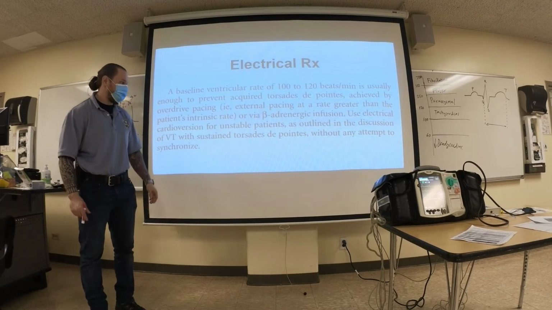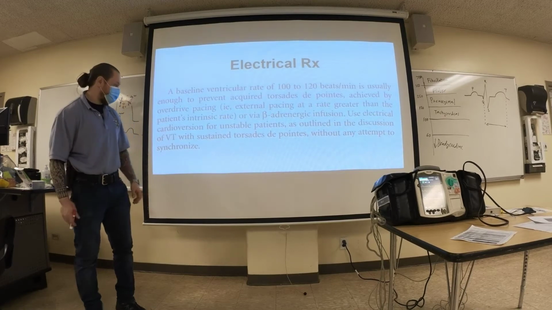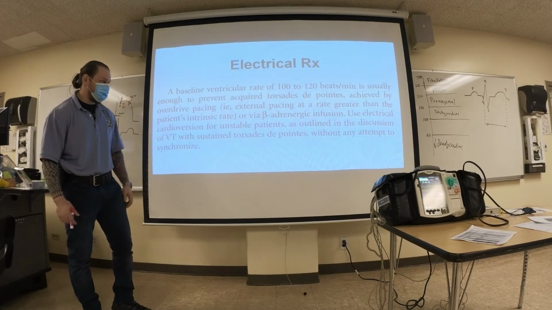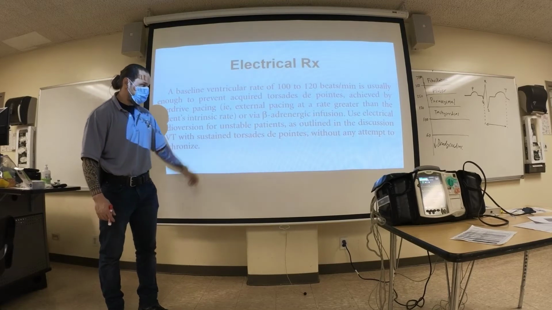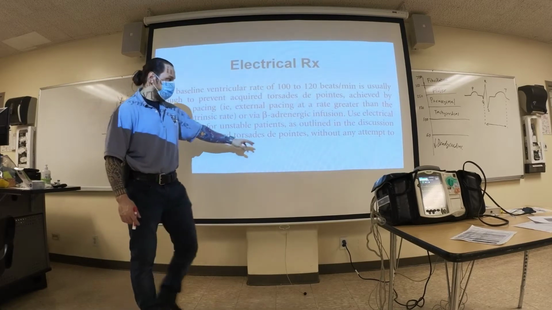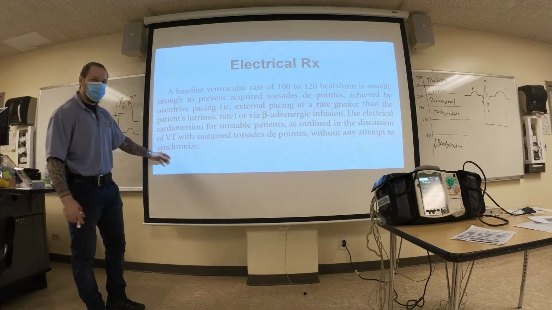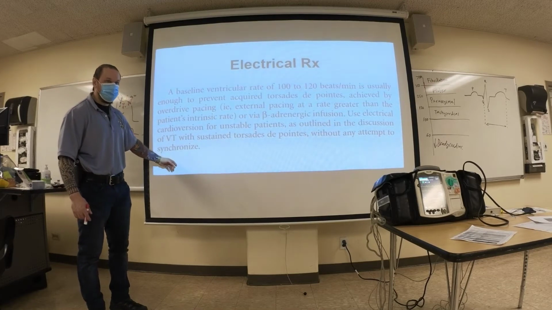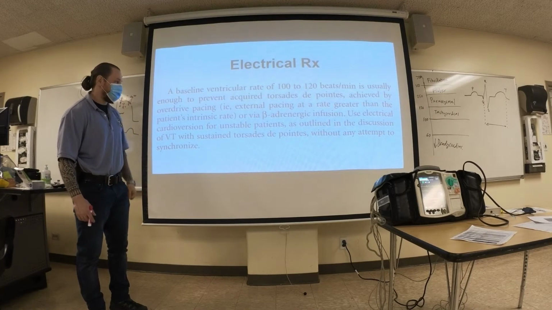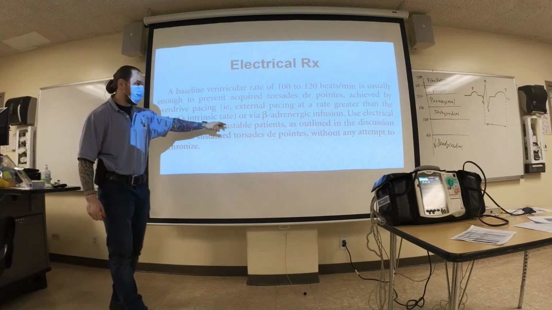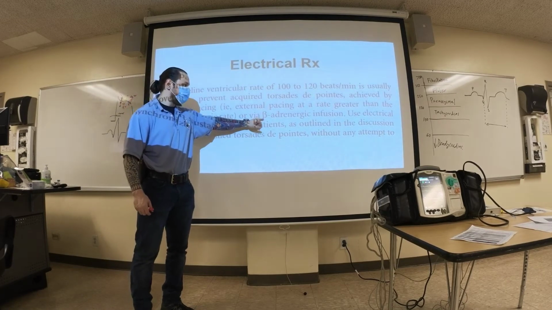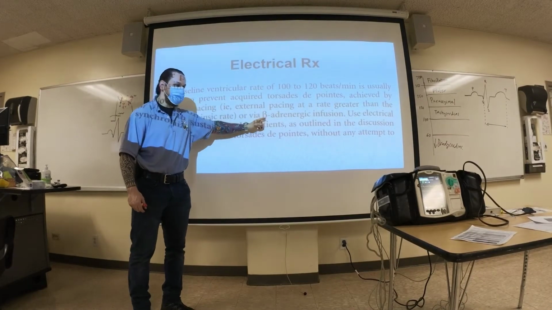Some books say they don't even wait for synchronized cardioversion, they just defibrillate, for sustained torsades, without any attempt to synchronize. But you guys are going to start with synchronized cardioversion when they're unstable, utilizing your protocols. And in some cases they even give an adrenergic infusion that's basically increasing their heart rate.